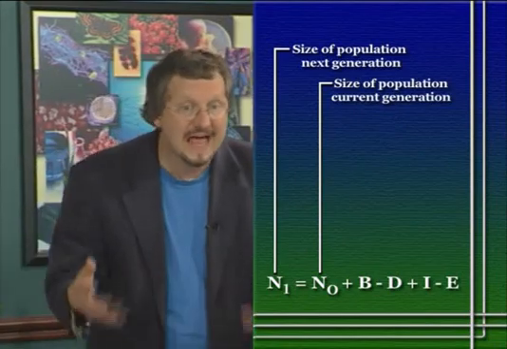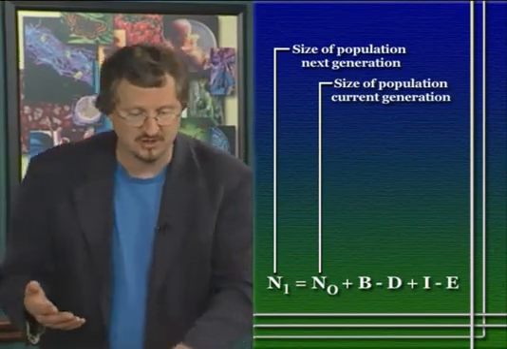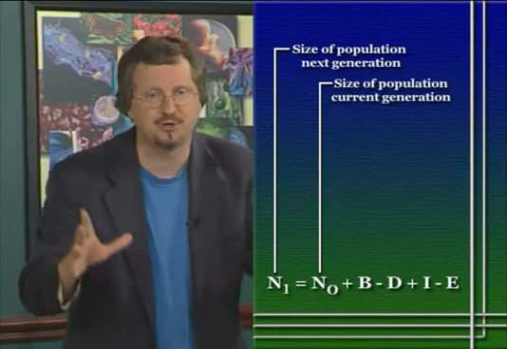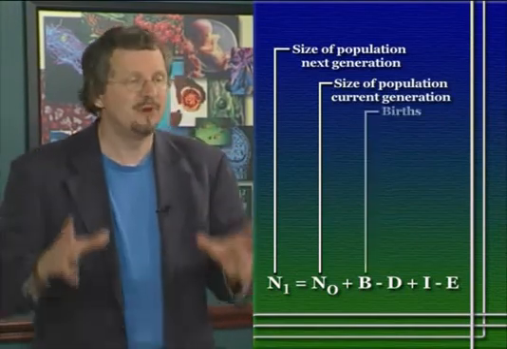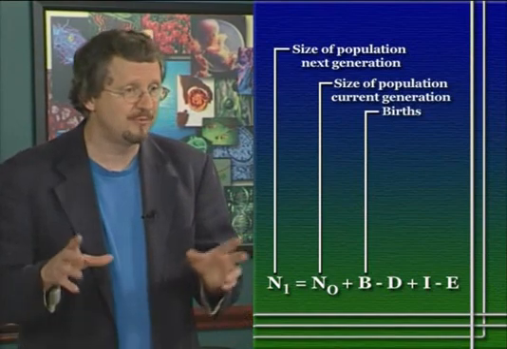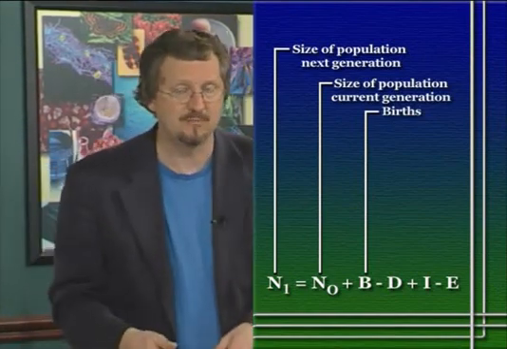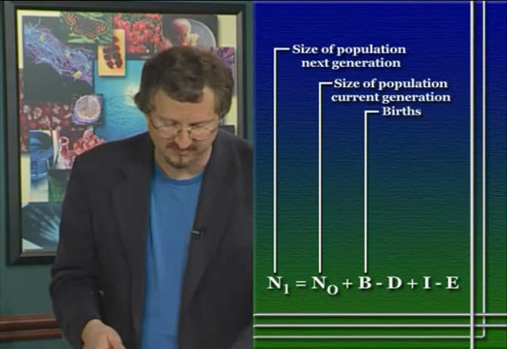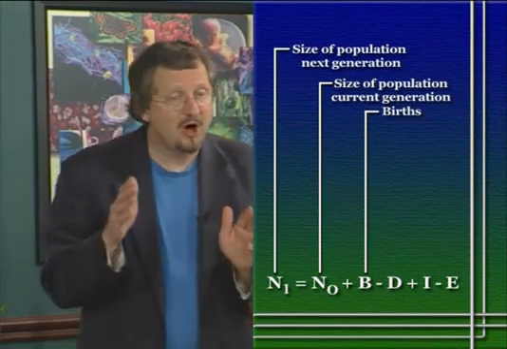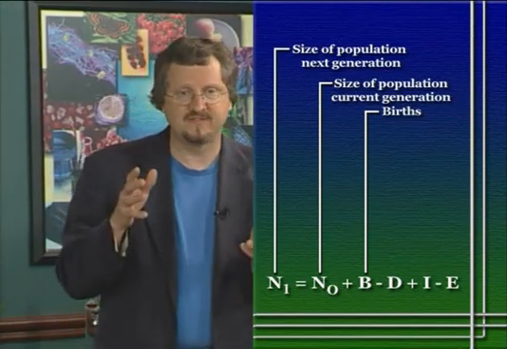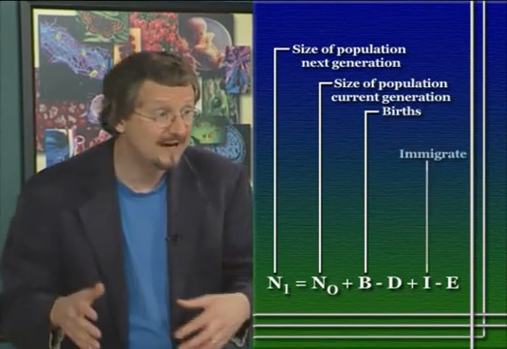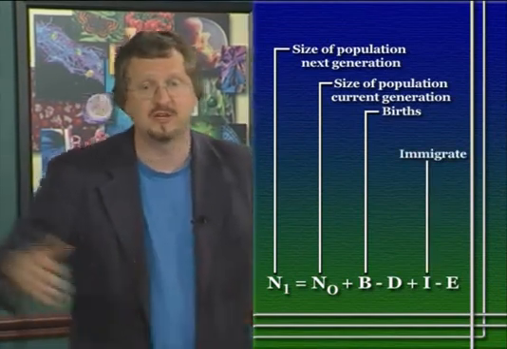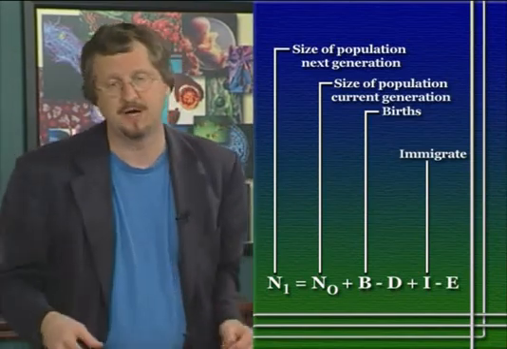All right, so N sub 1 equals N sub 0 plus some things and minus some things. Now what we're adding to the right side of the equation is B, and we're going to use a capital B here, and I'll tell you why in just a little bit. But B refers to the number of individuals added to the population through births. So I'm going to add that number to the starting number, N sub 0. Now, I'm going to also add this parameter I. I'm using that to indicate the number of individuals that immigrate into the population, the individuals that come from someplace else and join the population.